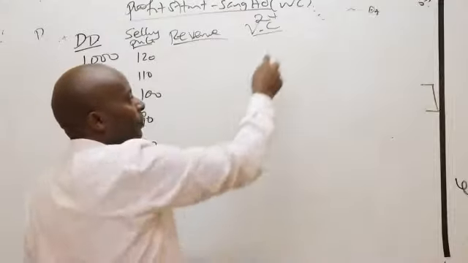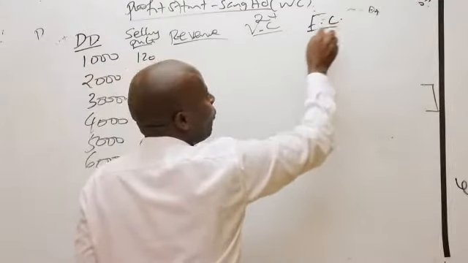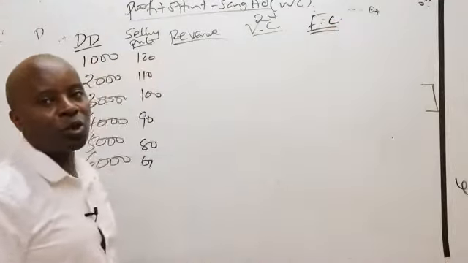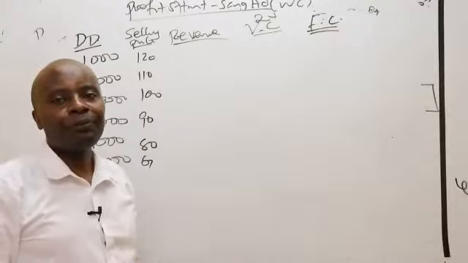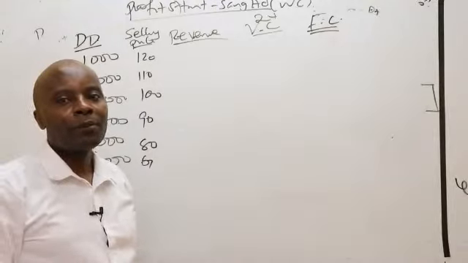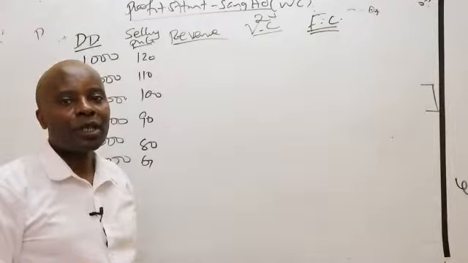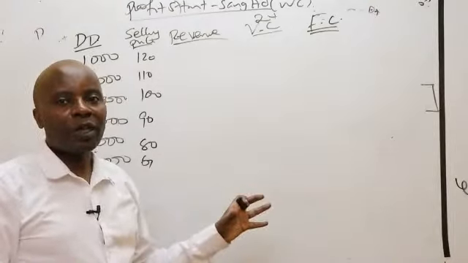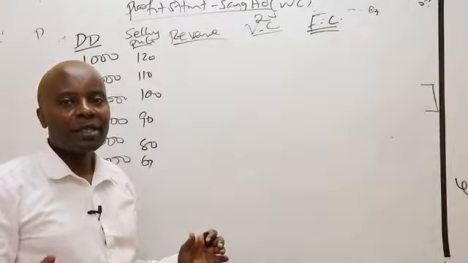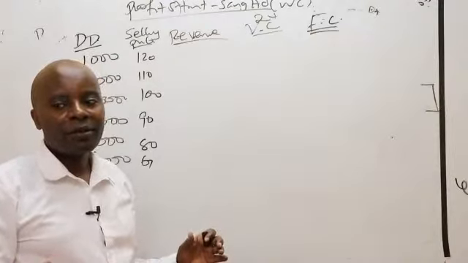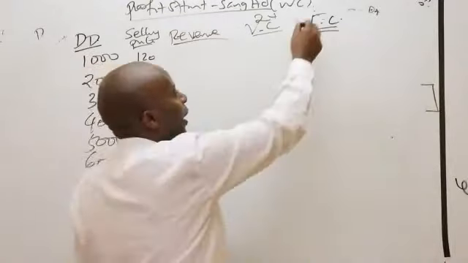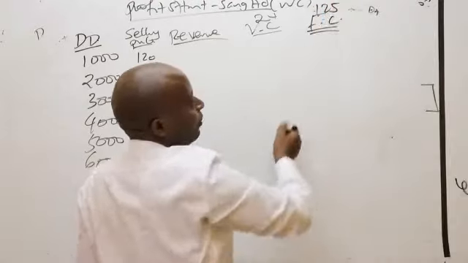And then we have the column for fixed cost. What do we have over there, somebody? You will take the fixed cost of X plus the fixed cost of Y. 125. Thank you very much.